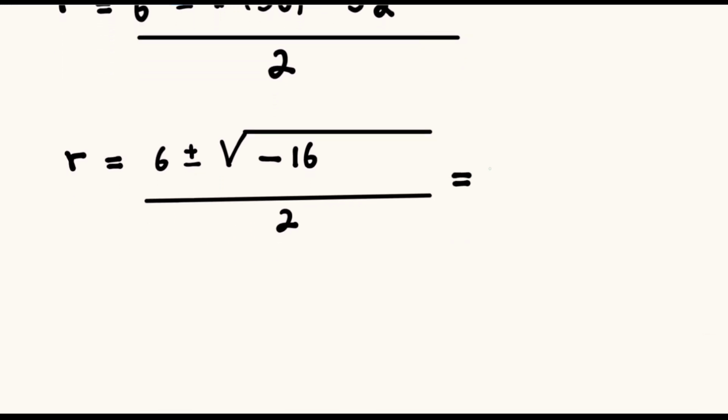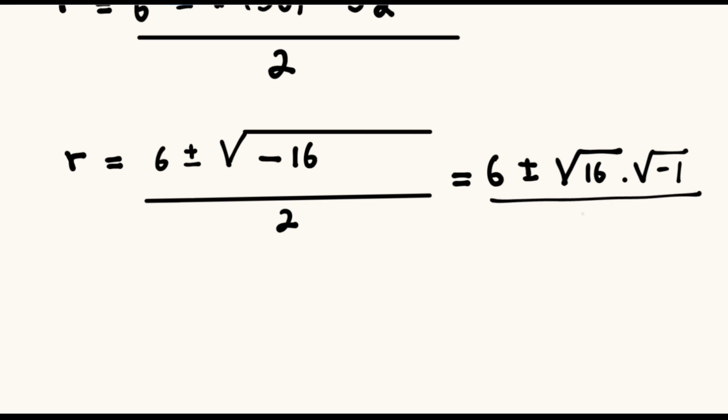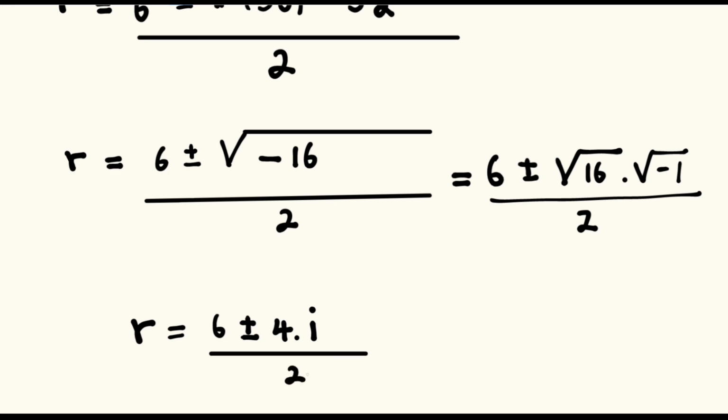So let's rewrite the square root of negative 16 as the square root of 16 multiplied by the square root of negative 1, and this will be divided by the 2. So our r will be equal to 6 plus or minus the square root of 16, which is equal to 4, and the square root of negative 1 is equal to i, and this is divided by the 2.